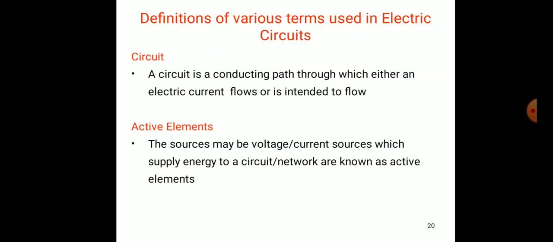Active elements. What are active elements? The sources, which may be voltage or current sources, that supply energy to a circuit or network are known as active elements. We have two types of elements, active elements and passive elements. Active elements are those which supply energy to the circuit.